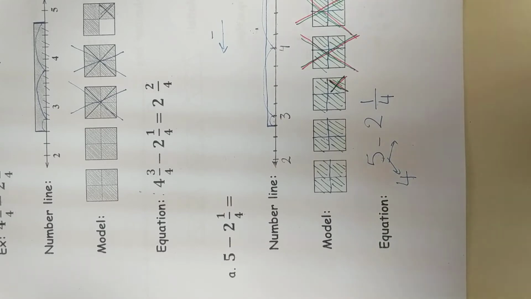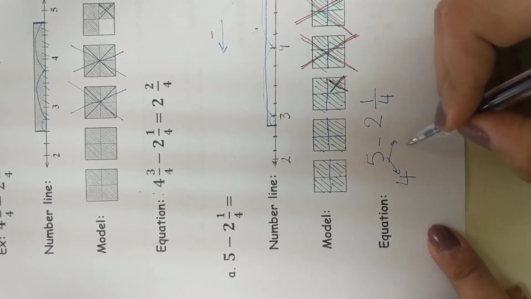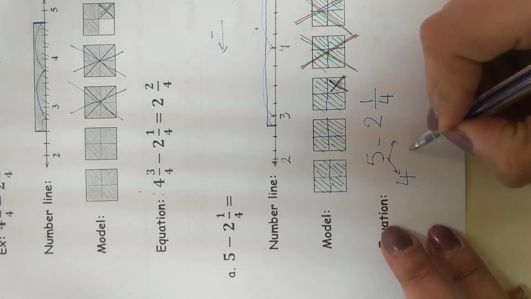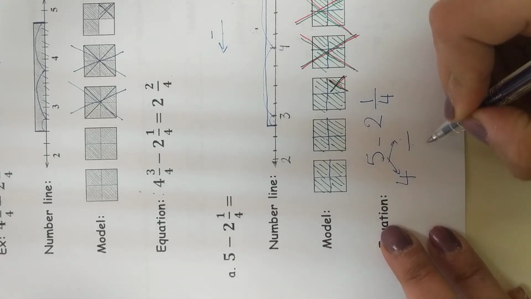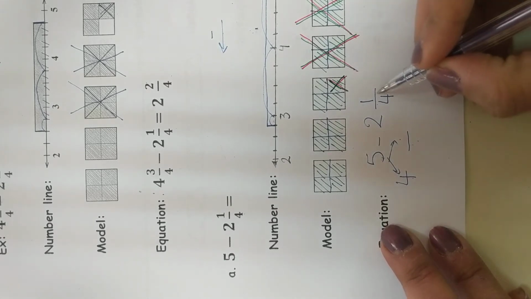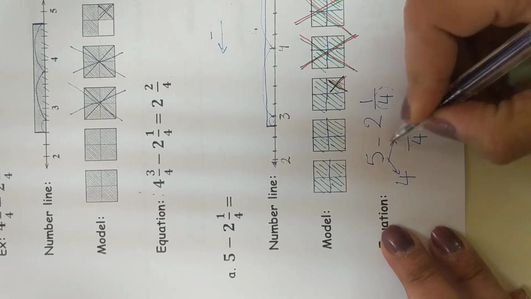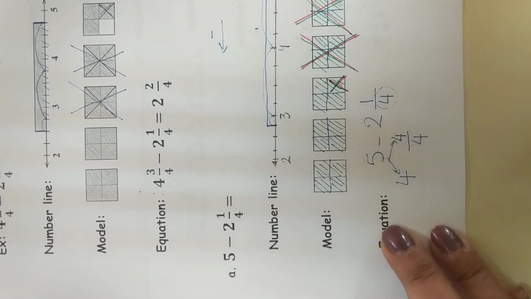But I need a fraction. How can I put a fraction instead of 1? What fraction equals 1? Any fraction where the numerator equals the denominator equals 1. I want the denominator to be 4 like this one, so I put 4, and to become 1, I put 4 on top.